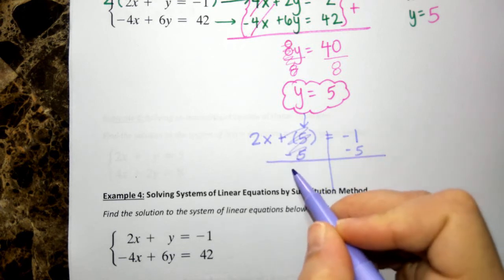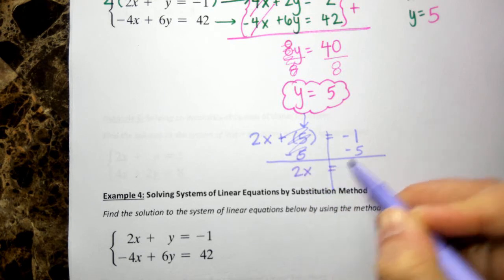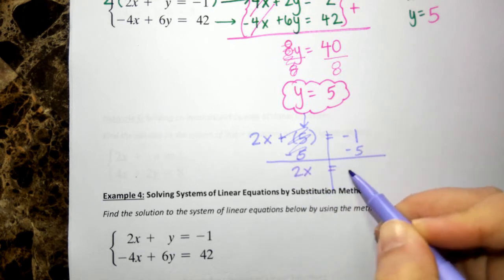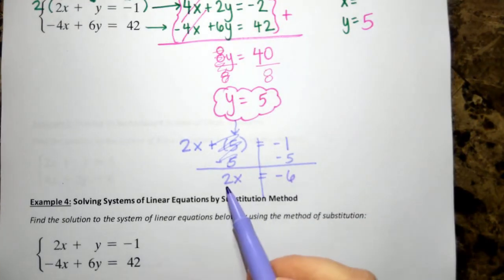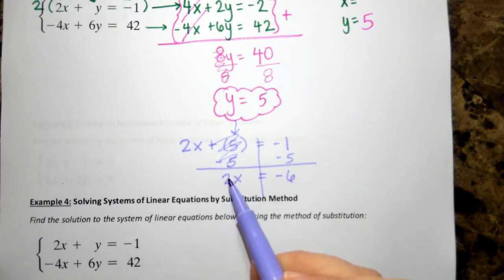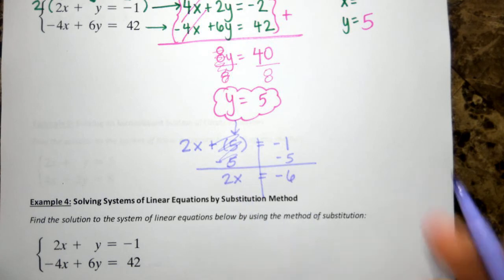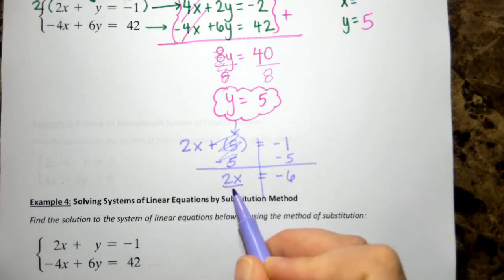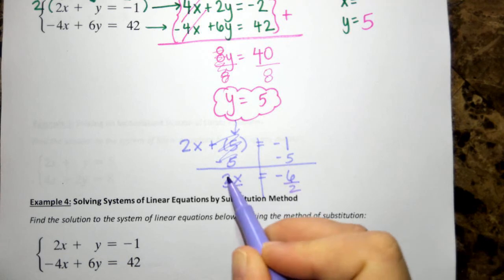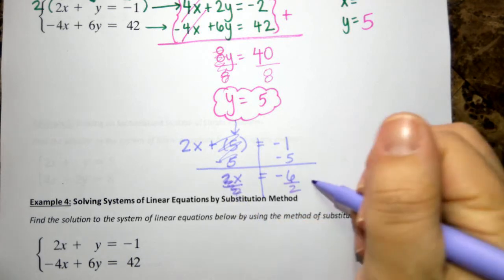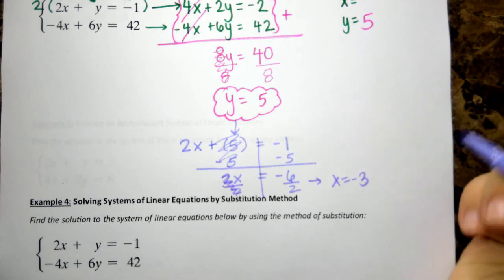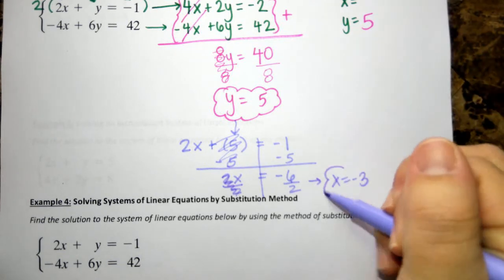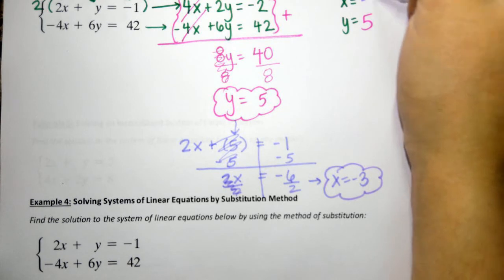And I'm left with 2x equals -1 minus 5, which is -6. And then you solve for x by dividing by 2. So basically 2 times what number is going to give you -6, which you might already know. But I'm going to divide by 2. 2 divided by 2 cancels. And x equals -6 divided by 2, which is -3. So our x value of the solution is -3.